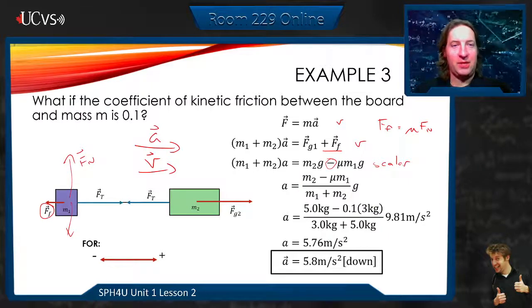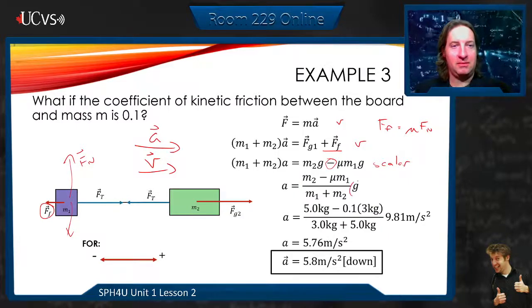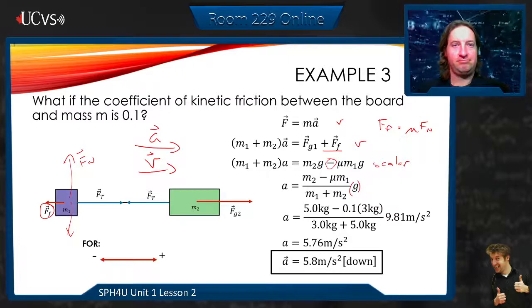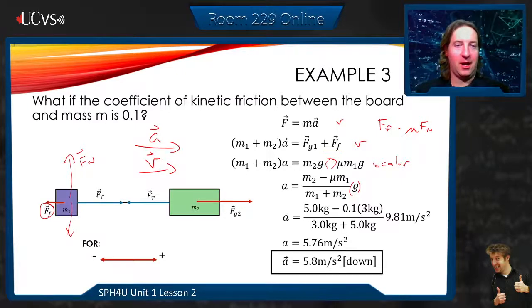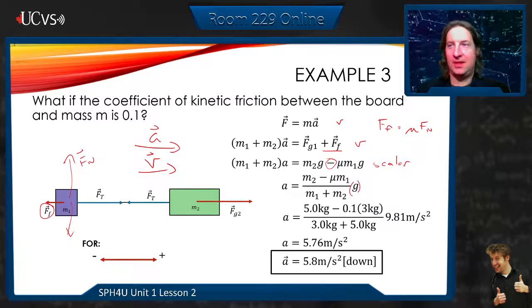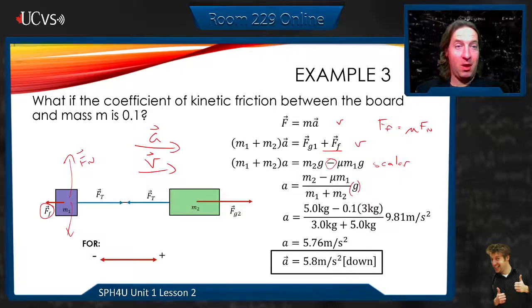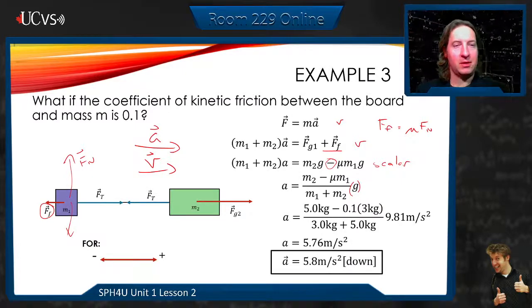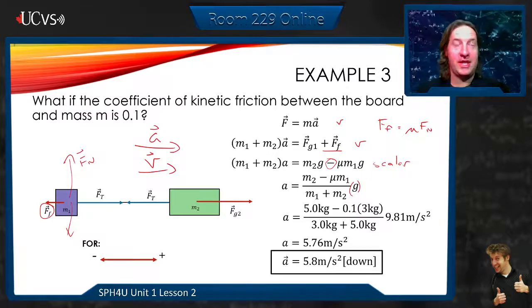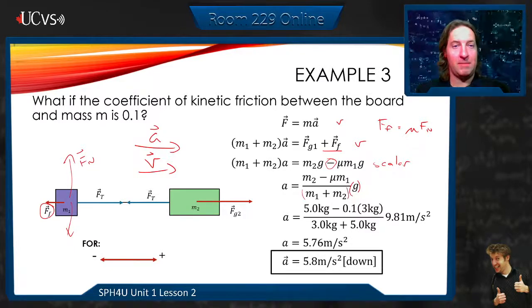I know that acceleration is going to be some factor of g, right? I'm going to take my regular gravity, g, in meters per second squared, and I'm going to make it smaller by a certain amount. And the amount that it becomes smaller is inversely proportional to the total mass. Right?